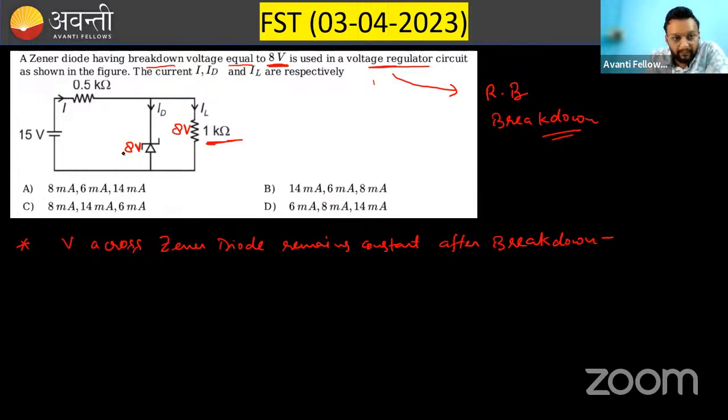Now, we have applied a potential of 15 volt here, out of which 8 volt is across the diode, so the remaining 7 volt will be across this 0.5 kilo ohm resistor. 15 volt is applied, 8 volt is across the Zener diode, then where is the remaining 7 volt? This 7 volt potential is across this series resistor. This resistor is known as the series resistor.